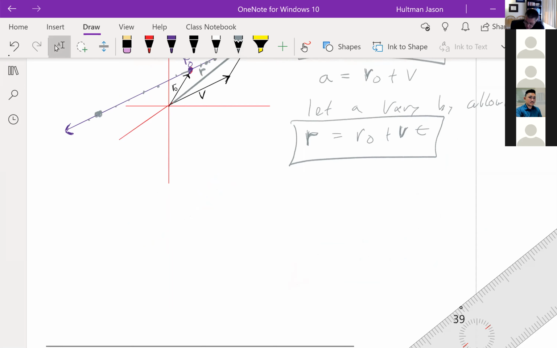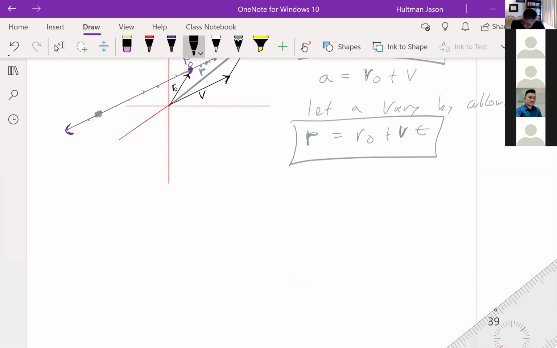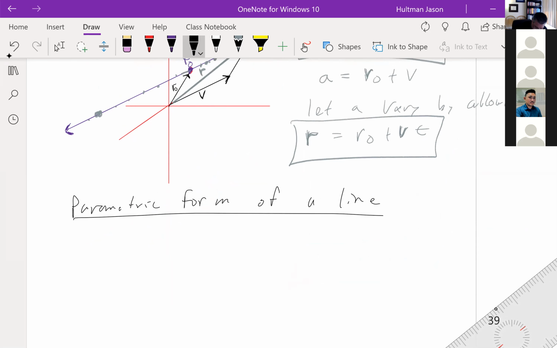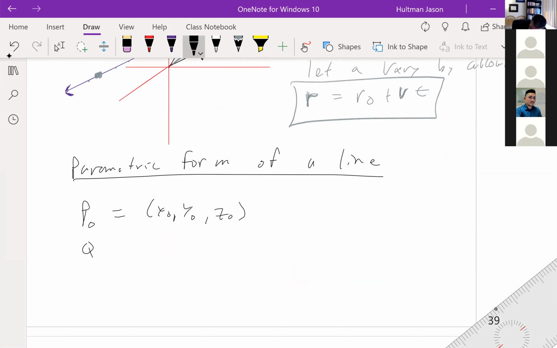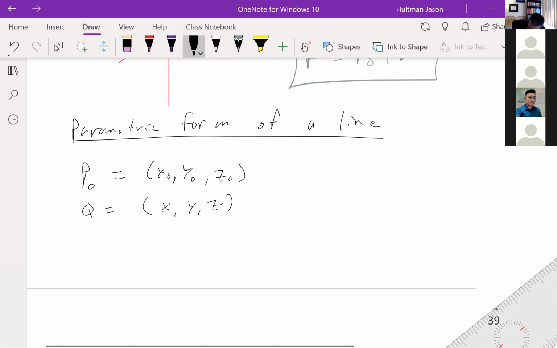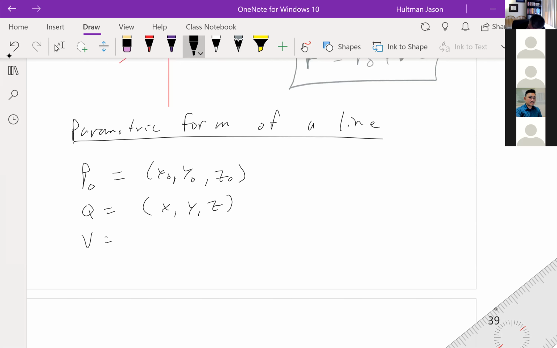Okay, let's look at the parametric form of a line. Okay, so I'm going to let P naught equal x naught, y naught, z naught. I'm going to let Q equal x, y, z. I'm going to let Q vary now. Okay, and I'm going to let v equal a, b, c.